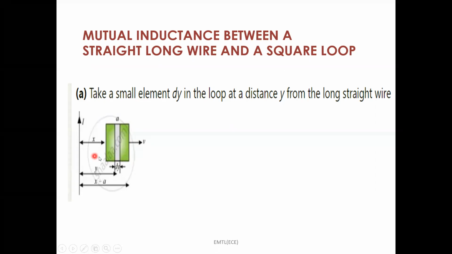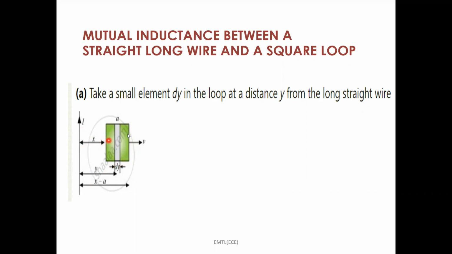Once again I repeat, this is a straight wire carrying current I. It is a square loop having width a. Now let us consider a small area, a small length dy, which is at a distance y from the current carrying wire, and the square loop is at a distance x from the wire.